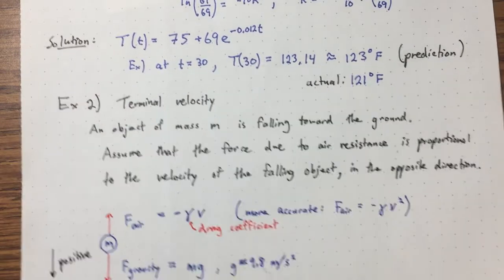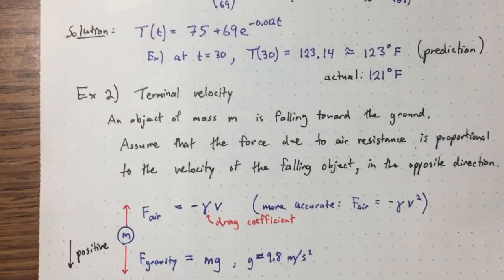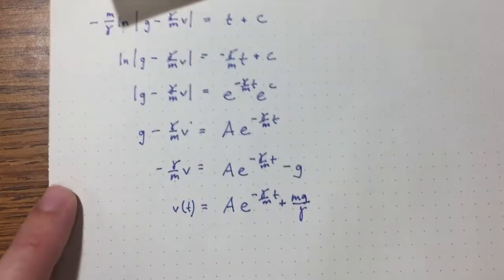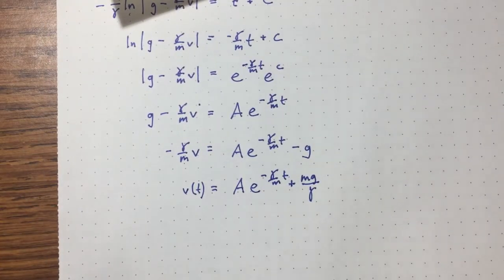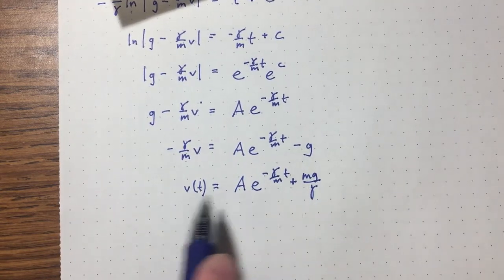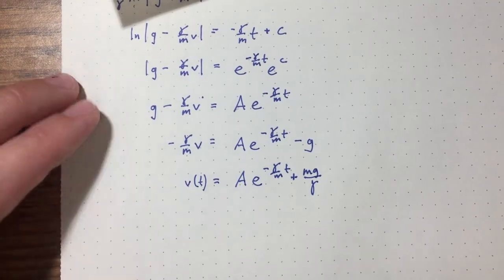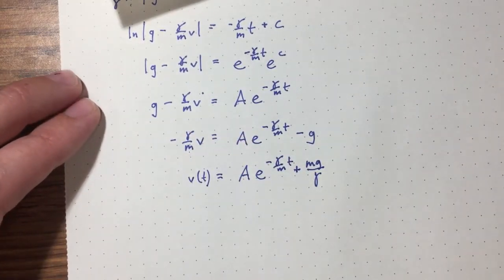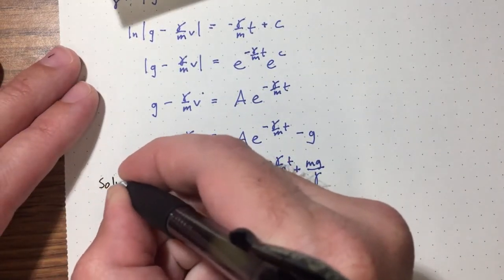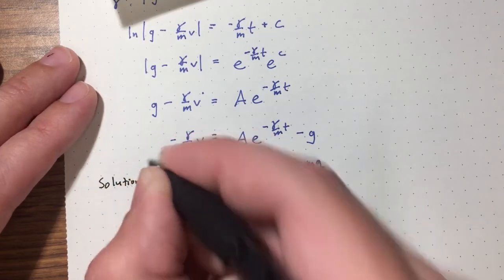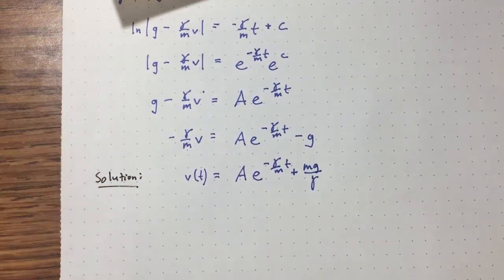Okay, so we have a little time left, so let's figure out what terminal velocity is all about. So here's our solution to the falling object problem. Now what do we need to do?